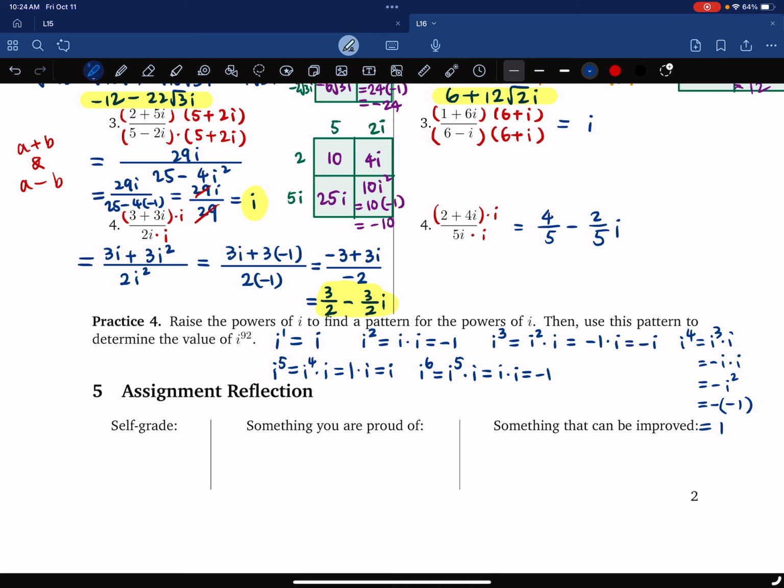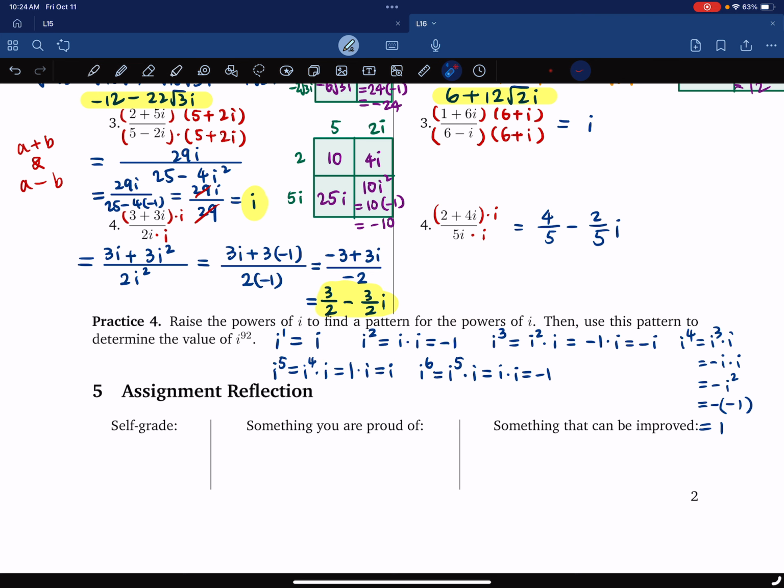And then I think you probably see the pattern now. If not, I'm going to point it out to you because I don't want to do any more of this. You have i, -1, -i, and then 1. That's the pattern. Because if you see the next one, it starts with i again, and then -1. So you guessed it. The next one will be -i and then 1.